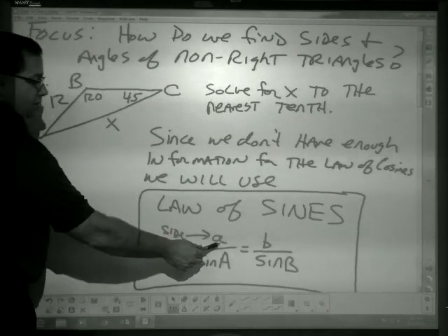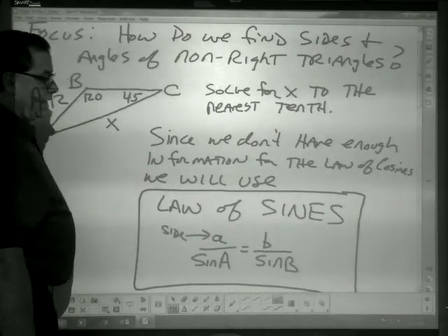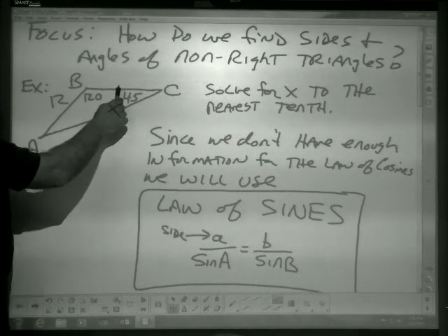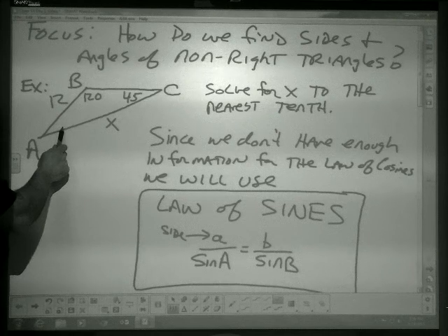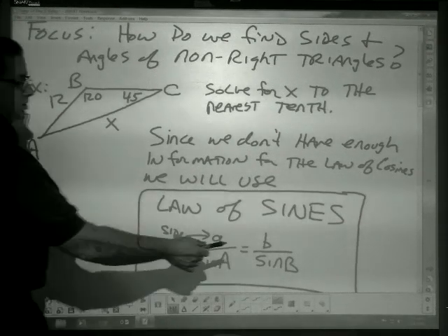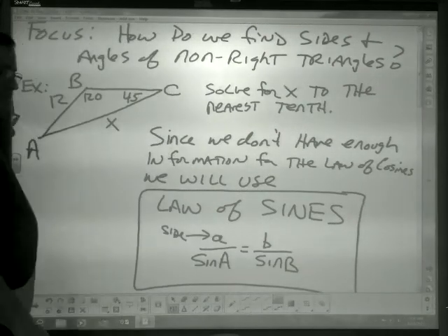So notice lowercase letters are the sides, uppercase letters are the angles. So side A, which is across from A, over the sine of angle A equals side B over the sine of angle B. And the formula actually says side C over the sine of angle C.